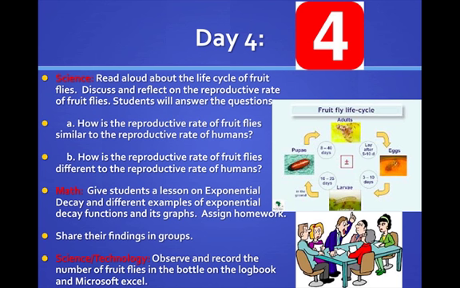Also, I'm going to give the students a lesson on exponential decay and different example exponential decay function graphs. Just like students graphed exponential growth yesterday, they will now graph some examples of decay. Again, they will share the findings in groups. They will again observe and record the number of fruit flies on this day in the logbook and in the Excel.